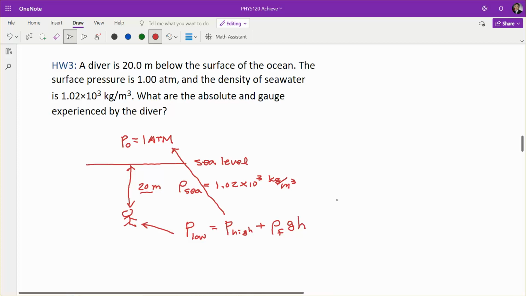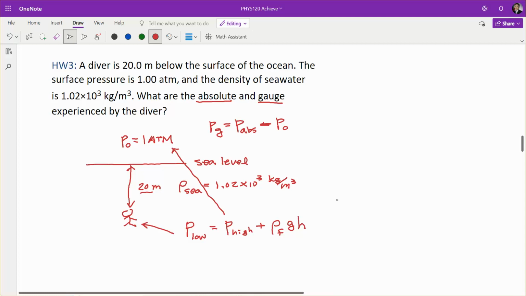Now they ask you two things. They want to know the absolute and the gauge pressure, and what is the difference of these two? Well, the gauge pressure is equal to the absolute pressure minus the atmosphere pressure.